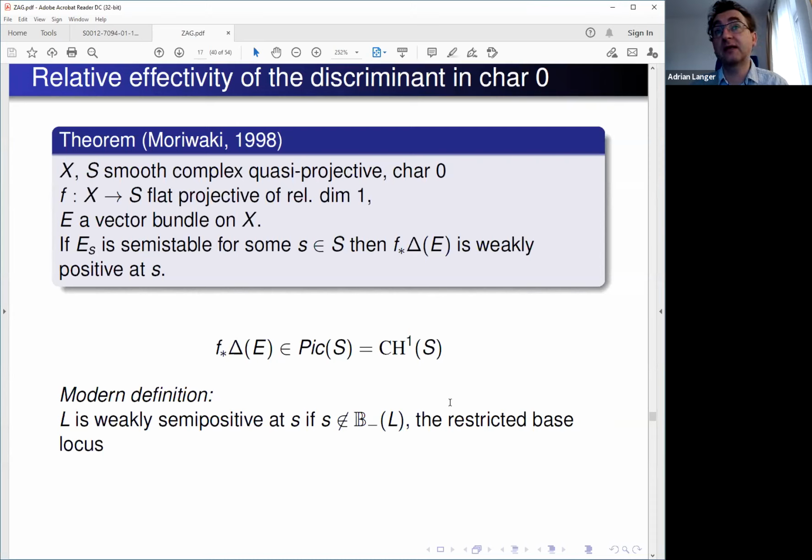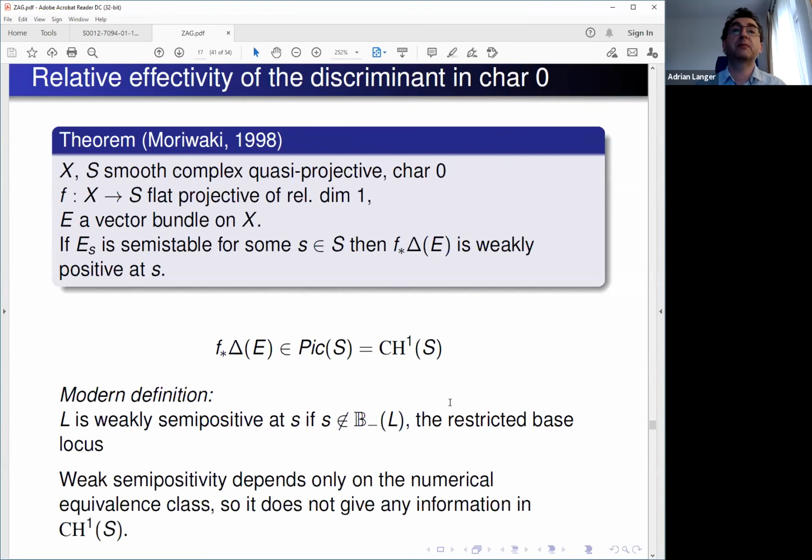Unfortunately, this is not exactly what we wanted, because this weak semi-positivity depends only on the numerical equivalence class of this push forward. So it does not give any information in the Picard group really, and there's not so much difference between this and Bogomolov's inequality, except that now this works in the quasi-projective case, which is somehow strange.